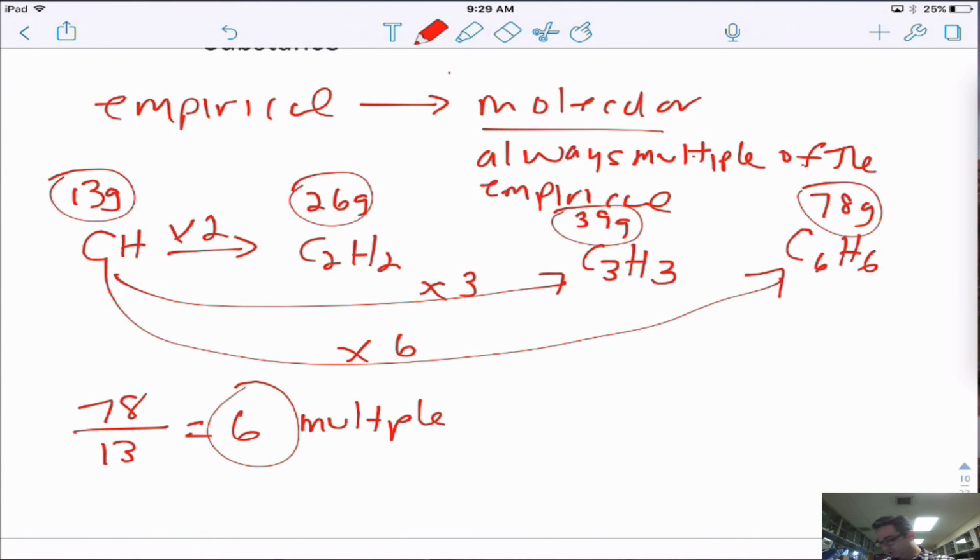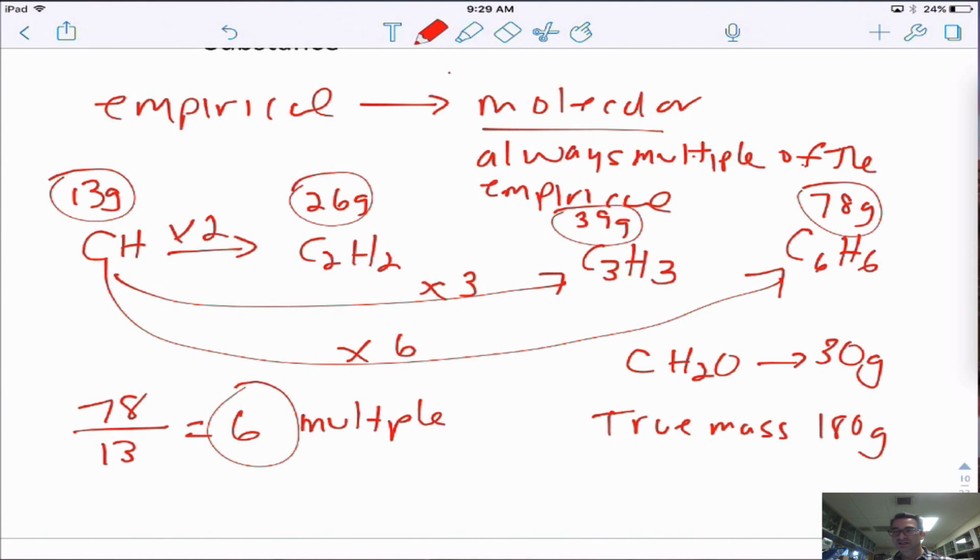Let's try an example. Let's say that you had CH2O as your empirical formula. And they tell you that the true mass is 180 grams. Well, let's find the empirical mass. The empirical mass is going to be 30 grams. Well, how does 180 and 30 relate?